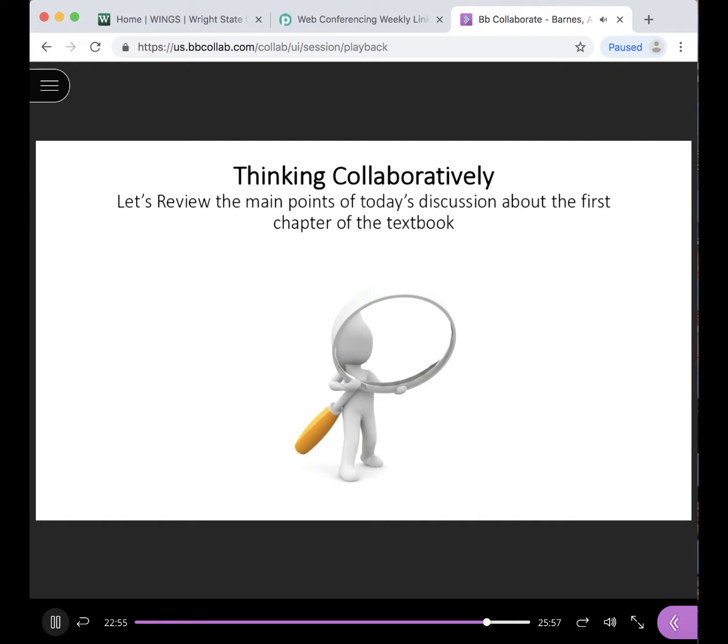Let's quickly review the main points of today's discussion about Chapter 1 in Thinking Collaboratively. Thinking collaboratively enhances higher order thinking and learning. It is a very natural thing for humans to want to be in groups, and it's one of the best ways for new innovations to occur once people break out of their box and elicit opinions of people not necessarily in their domain.